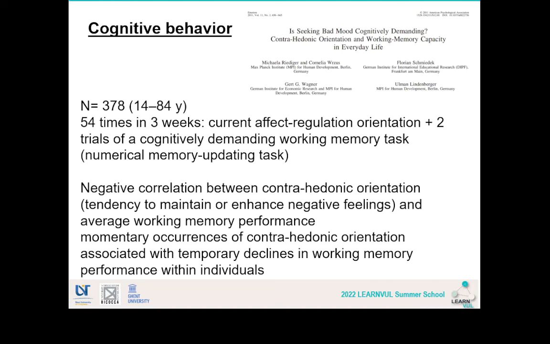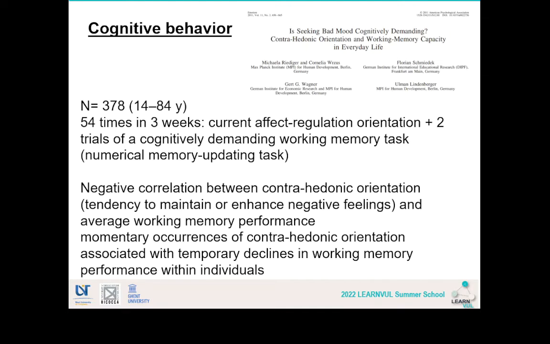They obtained a negative correlation between contrahedonic orientation, the tendency to maintain or enhance the feeling, and average working memory performance, and the occurrence of that orientation with temporary declines in working memory.